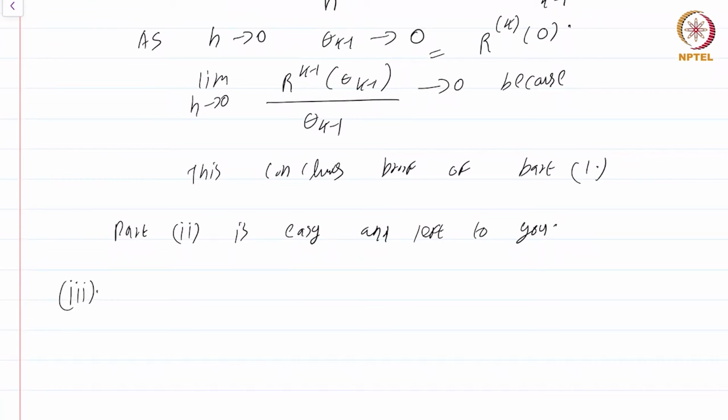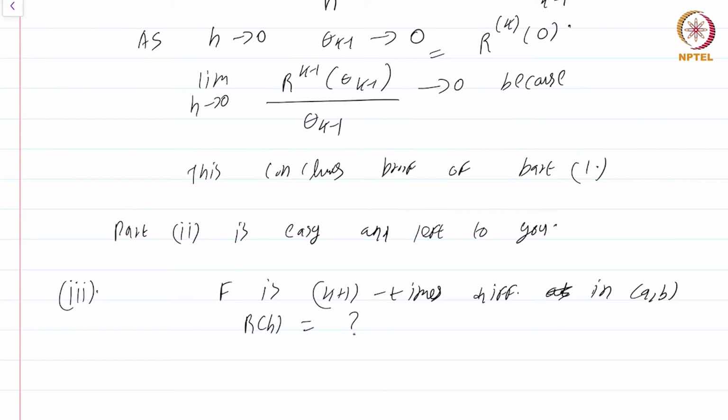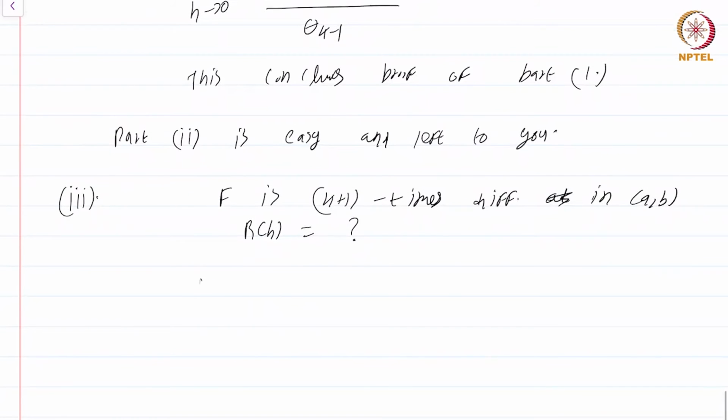In this part, let me recall, we are assuming that f is k plus 1 times differentiable in (a, b). And we want to get an explicit form for R of h. Okay, so we already know that R of h is just f of x plus h minus p of h.